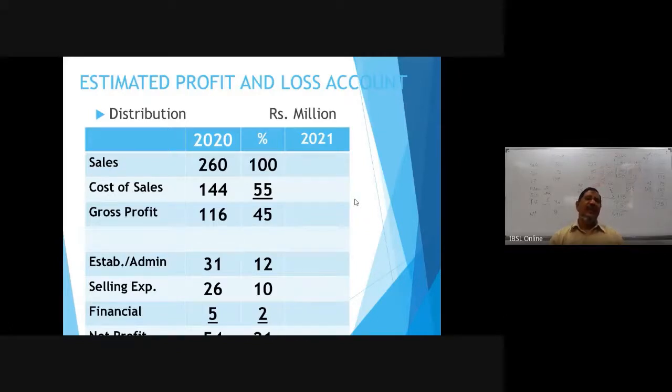That's called the vertical method. Right? Now we'll work out. It's an assumption. Sales figure will always start with the assumption. What would be the assumed sales?